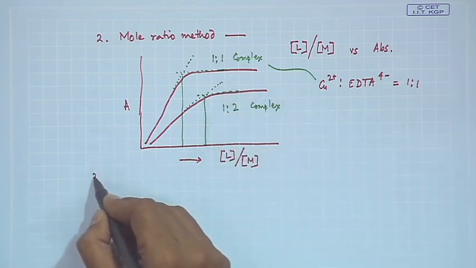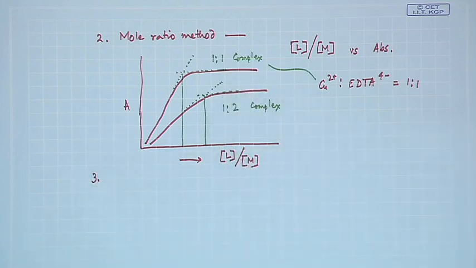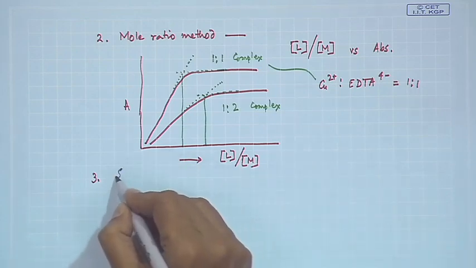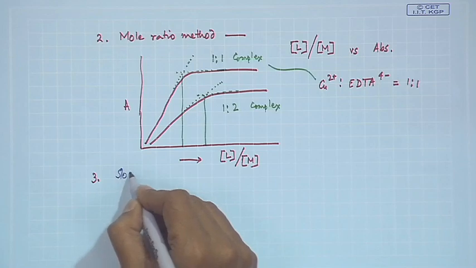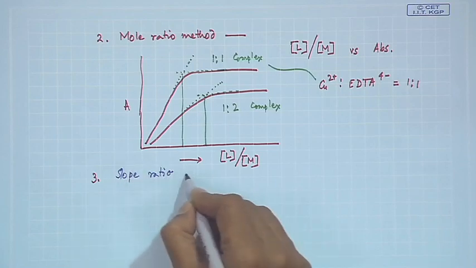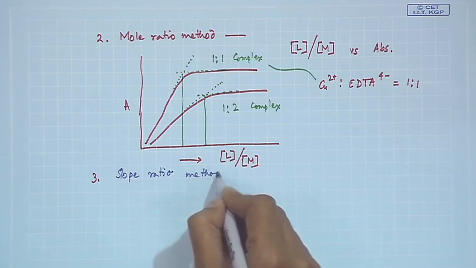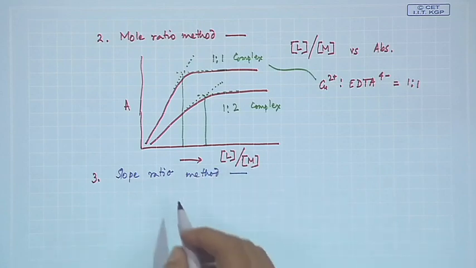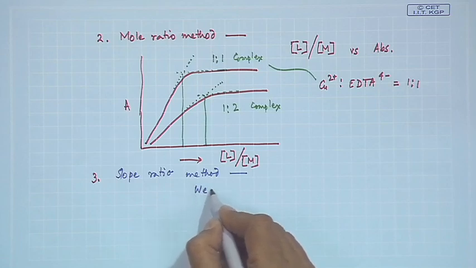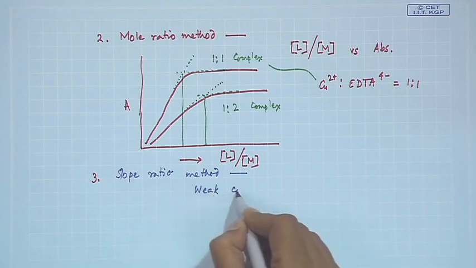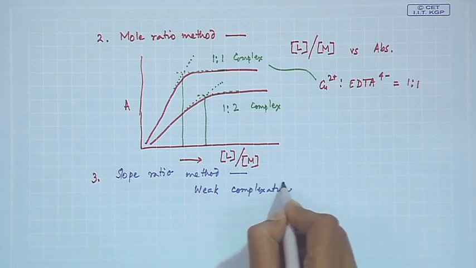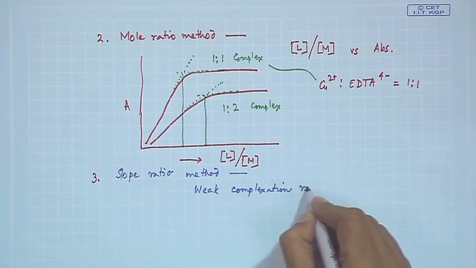And the last one, the third one, is the slope ratio method, where we can handle weak complexation reactions.